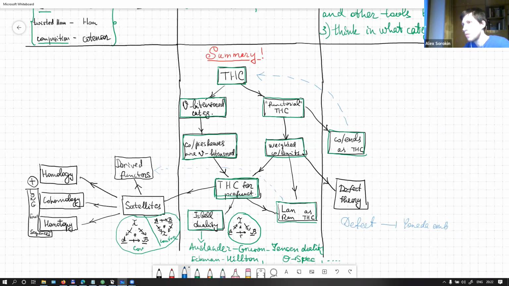But right now, Tensor-Hom-Cotensor you can see everywhere. Also, another way to recognize it: if you have an adjunction and the functors in the adjunction depend on a certain thing, such as some module, object, or whatever, be sure that somewhere hidden is a third one, and you have Tensor-Hom-Cotensor.